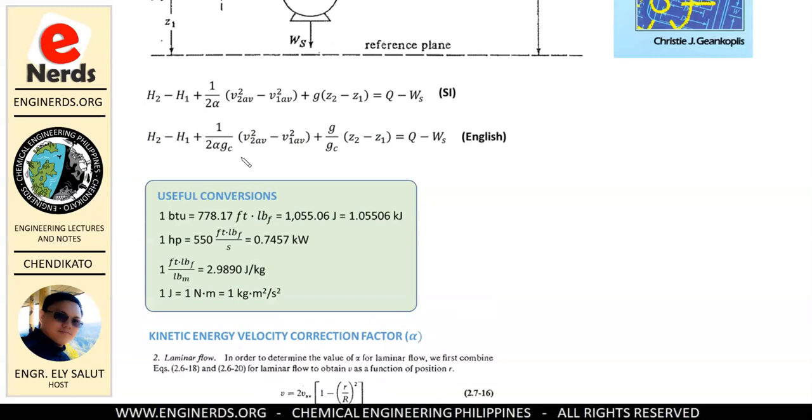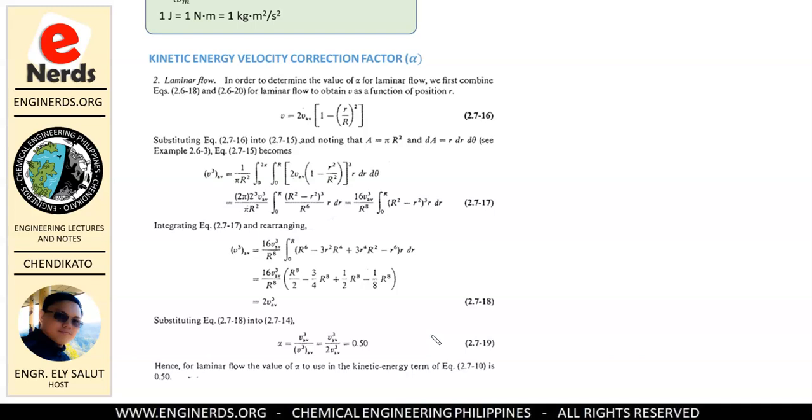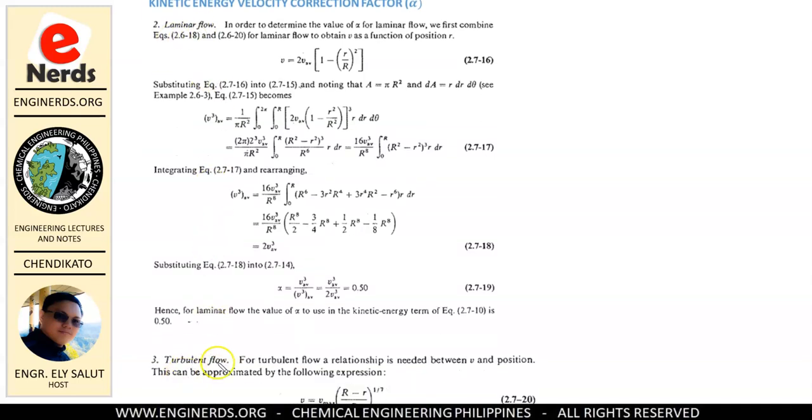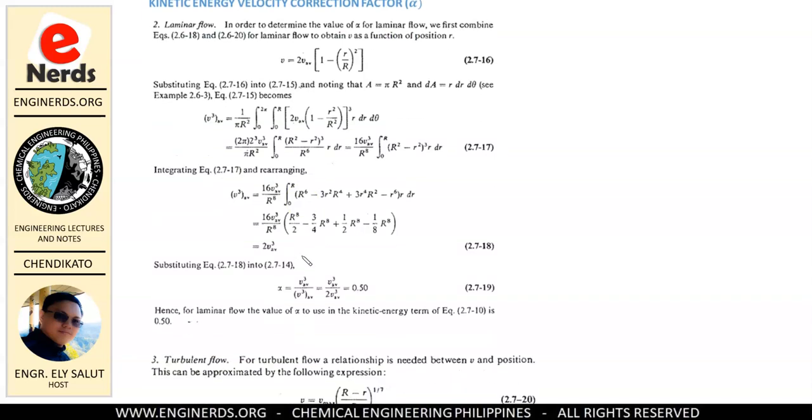Okay, so nabanggit natin kanina itong ating alpha na nandito sa equation, which is the kinetic energy velocity correction factor. So we are not going through dito sa derivation. Ang gusto lang nating maipakita dito is what will be the value of alpha if the flow is laminar or if the flow is turbulent. Okay? So, yun lang naman ang kailangan nating makita dito sa ngayon.